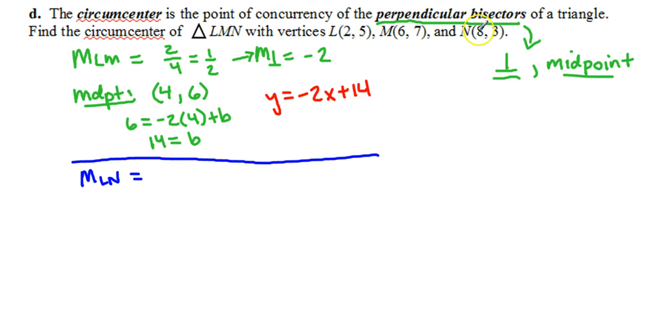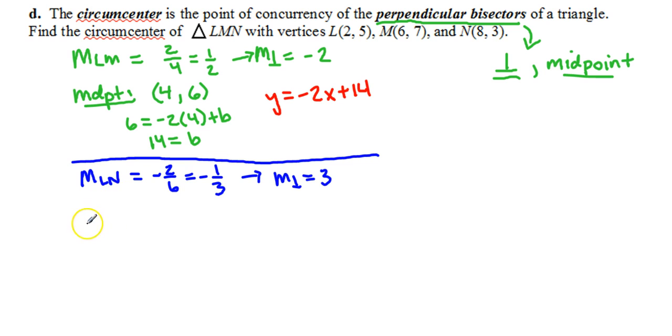So the slope of LN, 3 minus 5 is a -2 over 8 minus 2 is a 6, so -2 over 6. It's going to be -1/3. And we want the perpendicular to that. So the slope of the perpendicular bisector is then going to be +3.